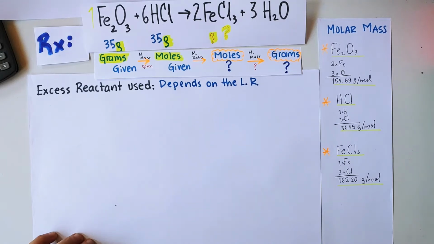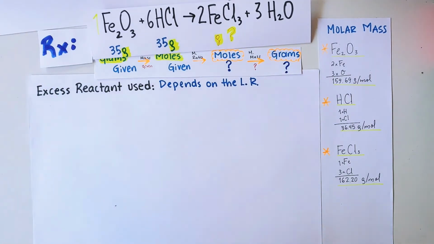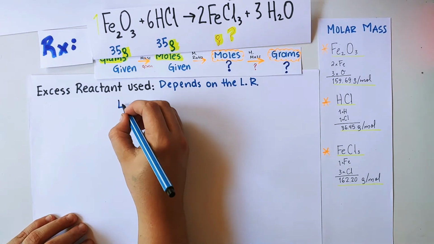So take a look. The excess reactant depends on the limiting reactant, which means that I will be relating limiting reactant with excess reactant. So the procedure is like this.